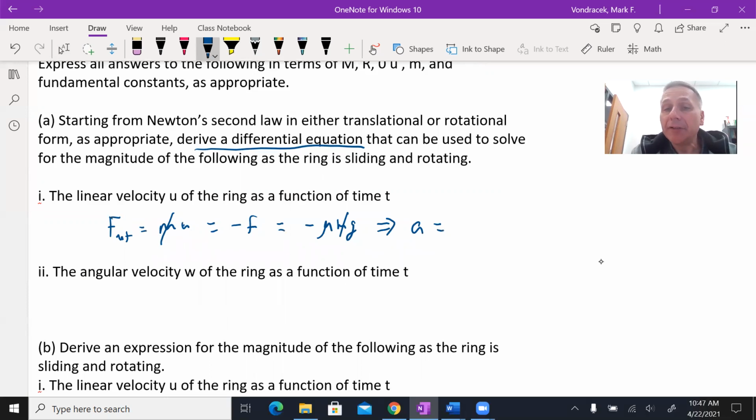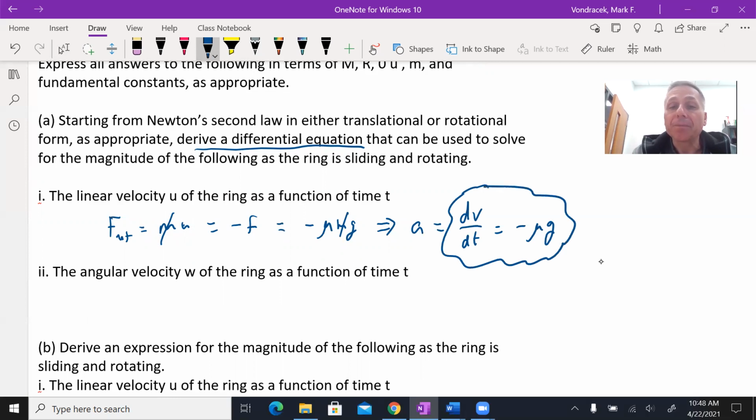Well, that's the definition of acceleration, or the most general way of writing that down is the derivative of velocity with respect to time, the rate of change of your velocity. We have our coefficient of friction and the acceleration of gravity. That's it. That's all they wanted for this. This is a differential equation. We just stuck in a derivative for the acceleration value.